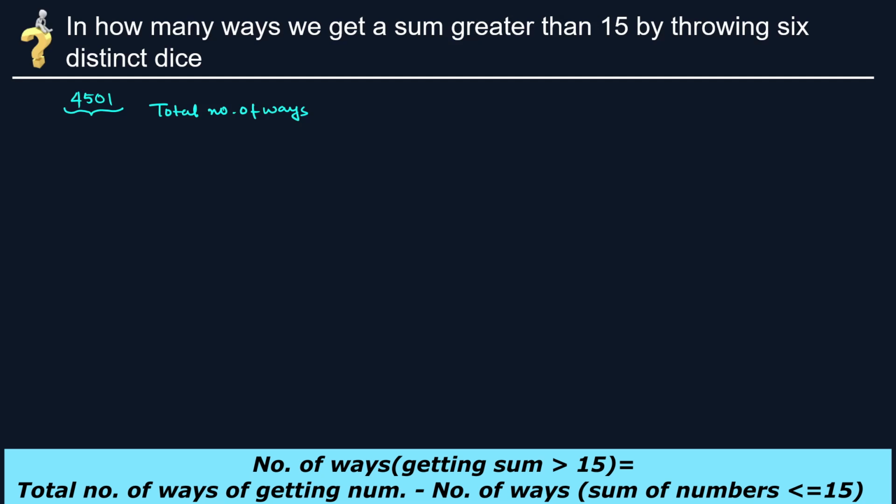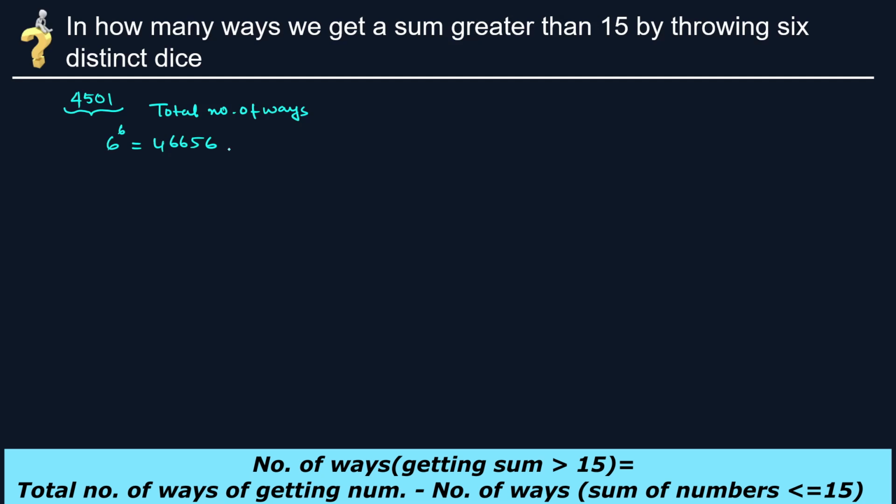When you throw the first dice, there are 6 ways. Similarly for the second, third, fourth, fifth and sixth. So the total is 6 to the power 6, and that gives us 46656. This is the total number of ways of getting numbers on the upper face.